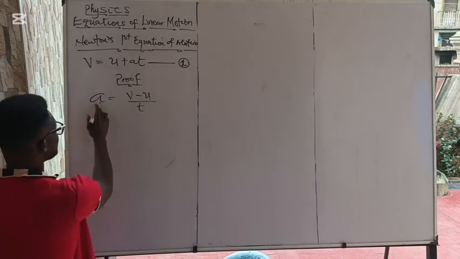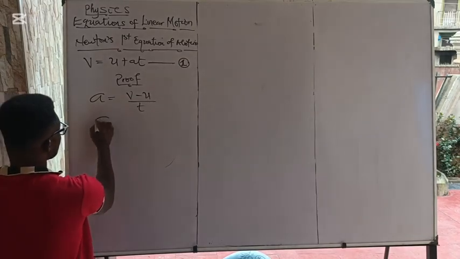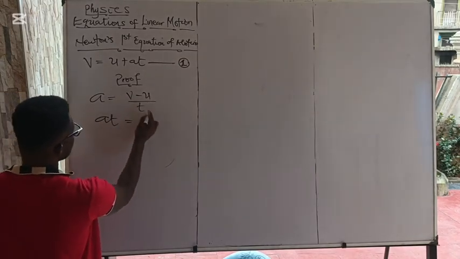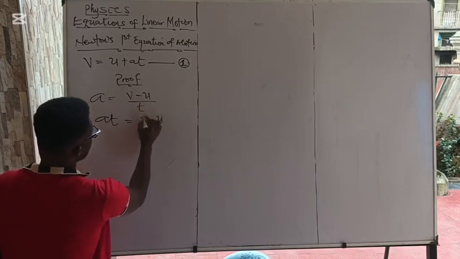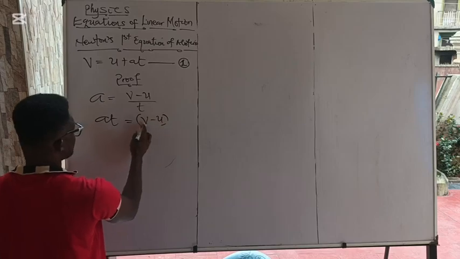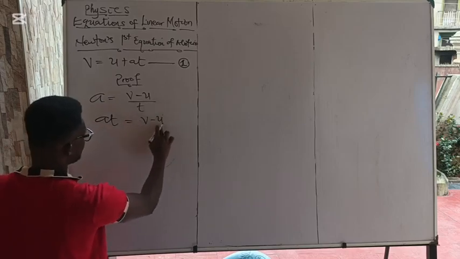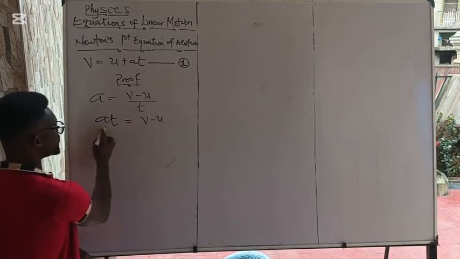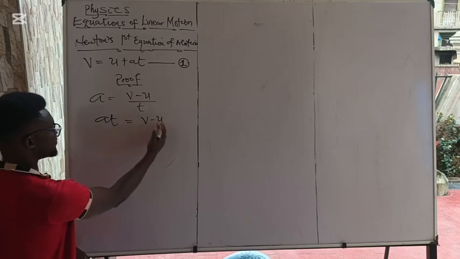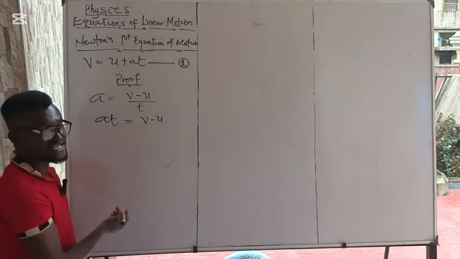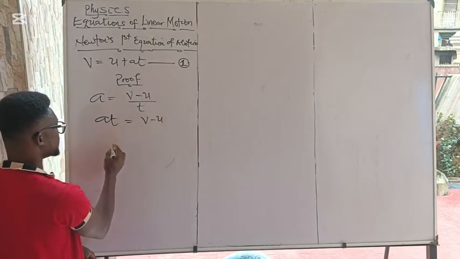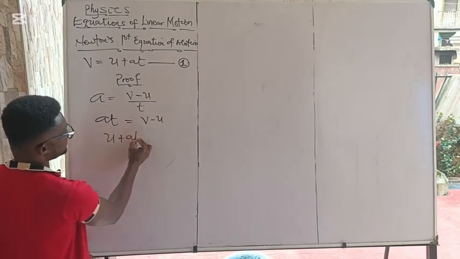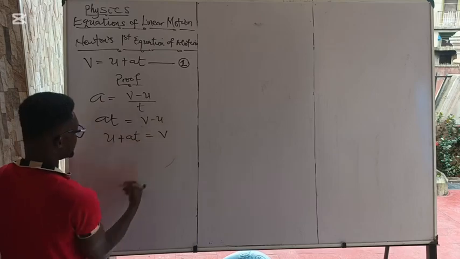Multiply both sides by t, you have AT equal to V minus U. At this point, minus U should cross over, or you add U to both sides in order to eliminate minus U, you have U plus AT equal to V.